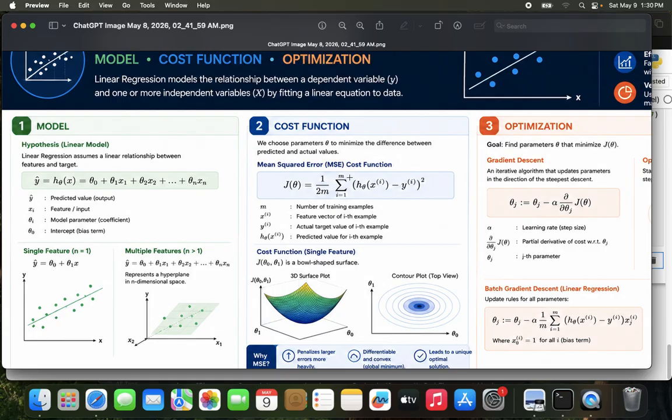I'm talking about high school algebra now. You can see the graph here. It's a straight line graph, and this straight line measures the trend.